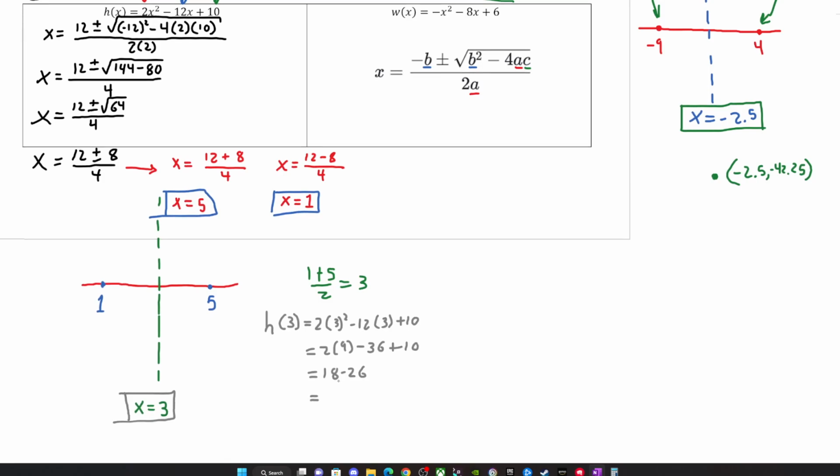But then here, 18 minus 26, that's going to be negative 8. And that's it. This is my y value. This is where on the y-axis I have my vertex. So it's going to be located, let's say, right there. So this point is the point 3, comma, negative 8. And that is my vertex.